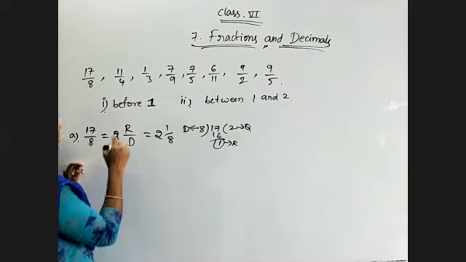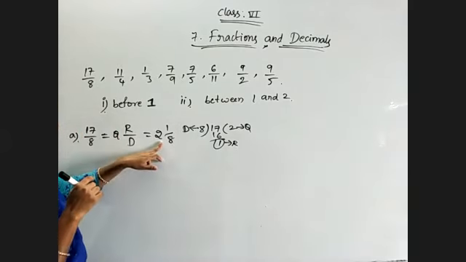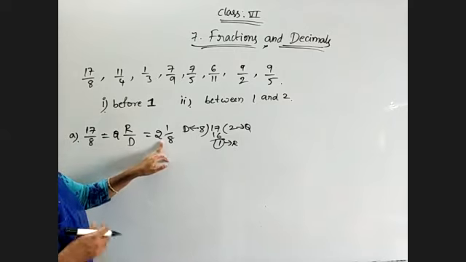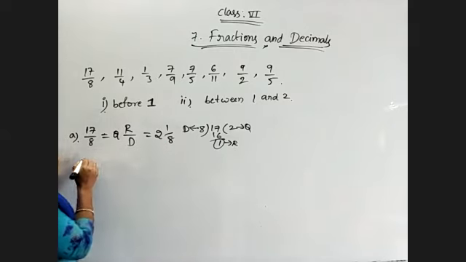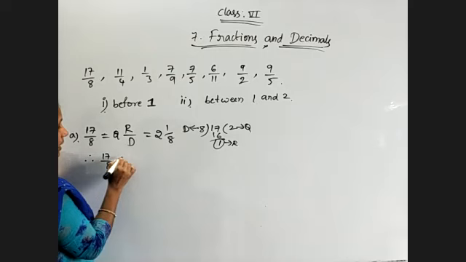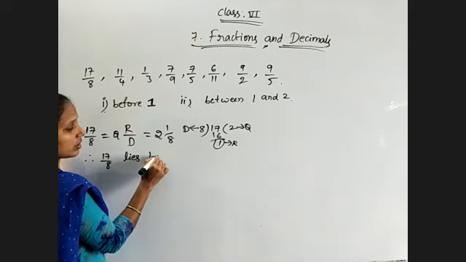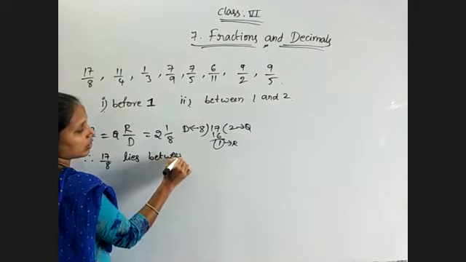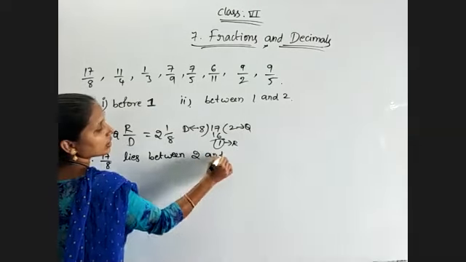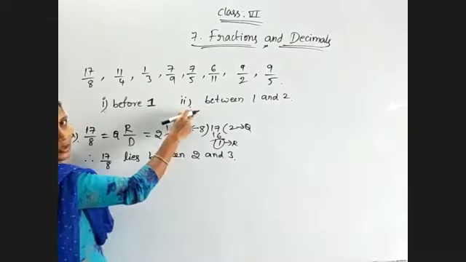Because quotient is 2, it is lying between 2 and 3. Therefore, 17 by 8 lies between 2 and 3. So it does not belong between 1 and 2.